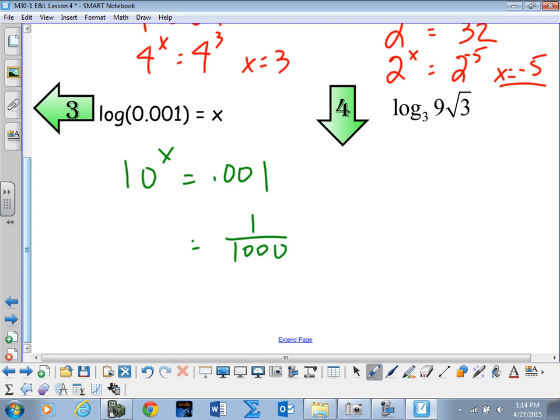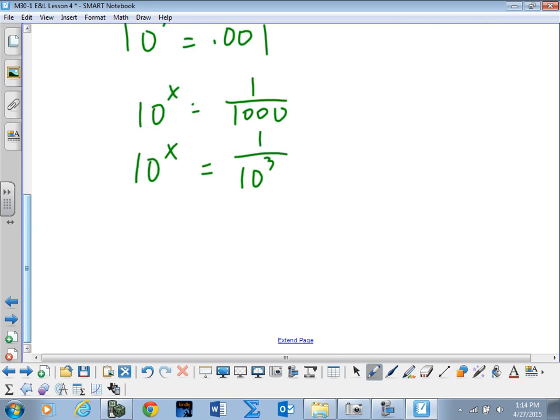The third decimal place is the thousandth, so it's 1 over 1,000. A 1,000 is 10 to the 3, so 1 over 10 to the 3 is 10 to the negative 3. So our exponent here is negative 3.